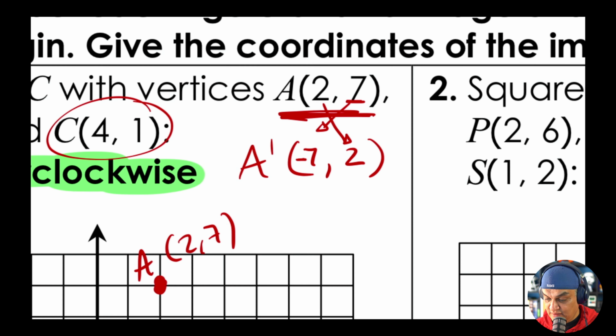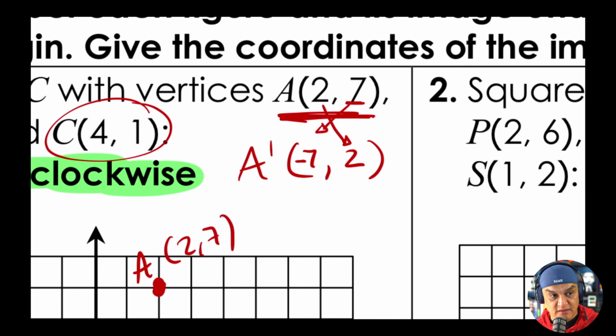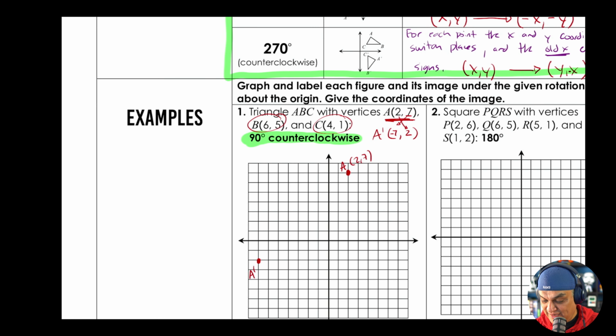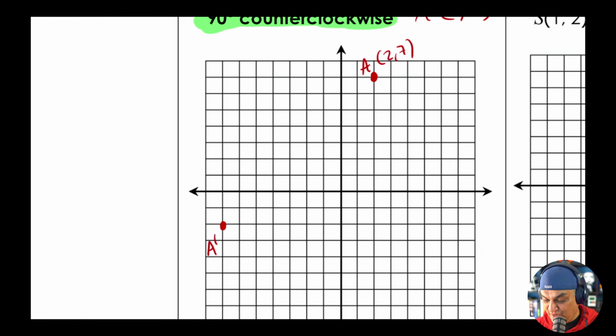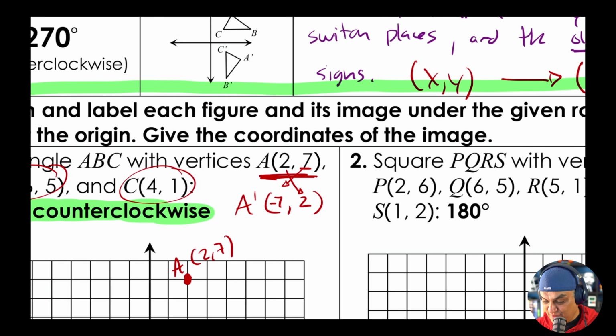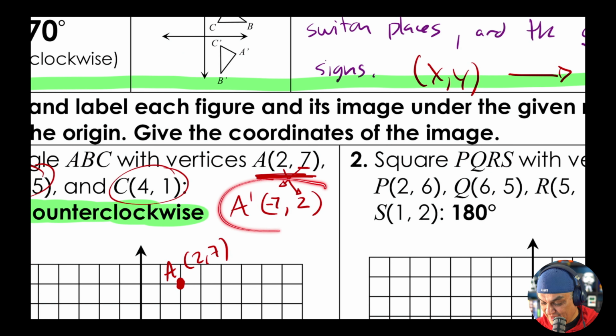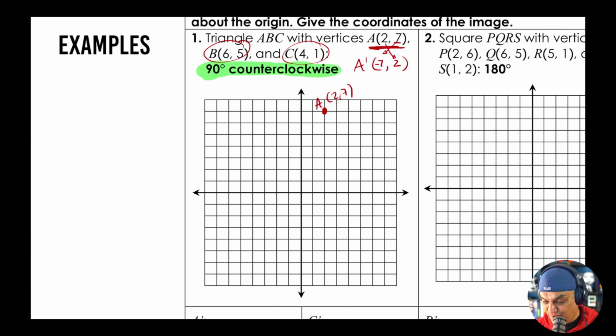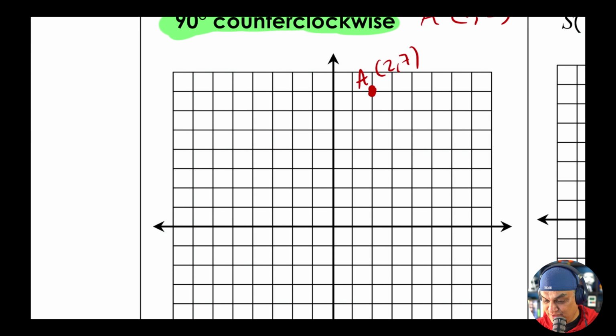Oh, I did. Thank you. Someone said, Mister, you put them in the wrong spot. I did that on purpose. Let's look at the point. The point says what? Negative 7, positive 2. You're in the wrong quadrant, mister. Good job. 1, 2, 3, 4, 5, 6, 7, positive 2.